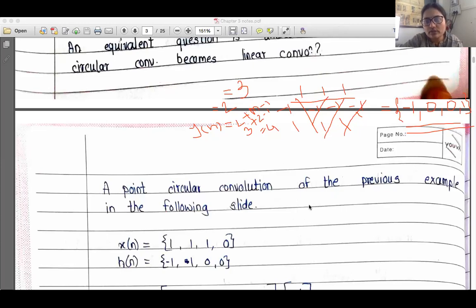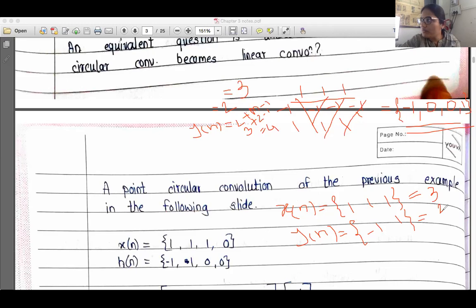What will be the length of output sequence in the linear convolution? पहिला sequence किती आपला? x of n is equal to, पहिला sequence आपला 1 1 आणि 1 आहे. आणि दुसरा sequence काय आहे? y of n. This is my second sequence. y of n which is equal to -1 आणि 1 आहे. म्हणजे याची मॅक्सिमम लेंथ किती होणार आहे? व्हॉट विल बी द मॅक्सिमम लेंथ ऑफ आउटपुट सिक्वेन्स इन दिस? इट इज इक्वल टू, बिकॉज इनपुट सिक्वेन्स लेंथ इज 3 and this is 2.